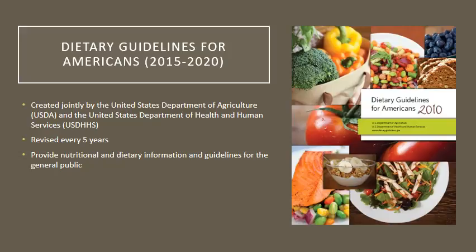These are written every 5 years, so the current Dietary Guidelines for Americans are for 2015 to 2020. You'll see the picture on the right is the cover from the 2010 to 2015 Dietary Guidelines. So these are written to provide nutritional and dietary information and guidelines for the general public.